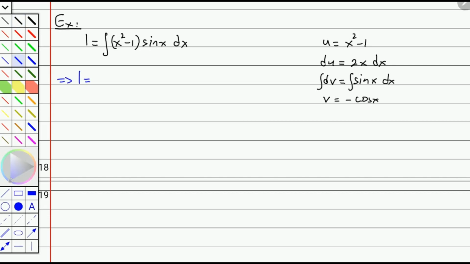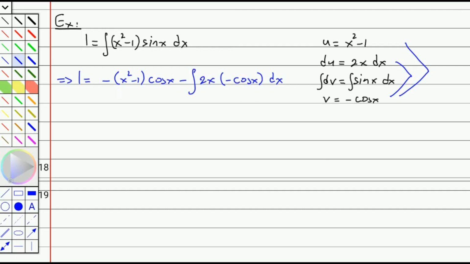So I is equal to u times v, which is minus, brackets, x squared minus 1, cosine x, minus the integral of v times du, which is 2x times minus cosine x dx. Once again, we have another algebraic and a trigonometric.